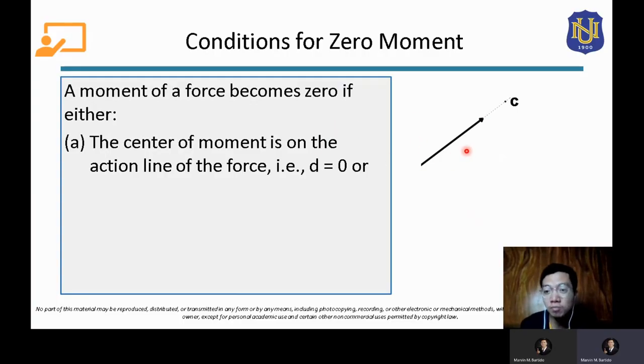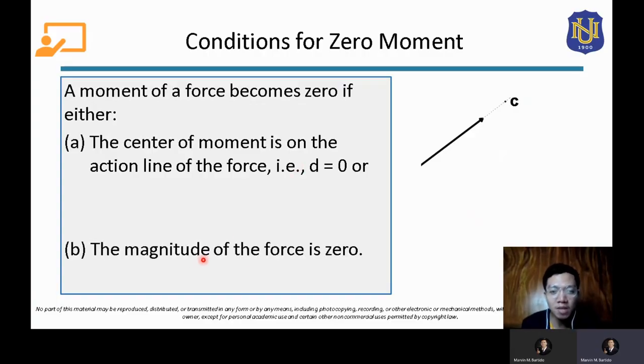But here, there will be no perpendicular distance since the line of action of your force passes through the center of moment. So the distance d will just be 0. Therefore, the moment of this force about point C will just be 0. So that's the first condition for a zero moment.